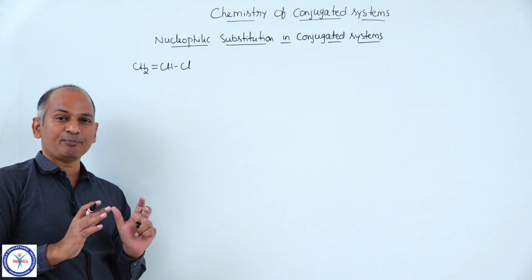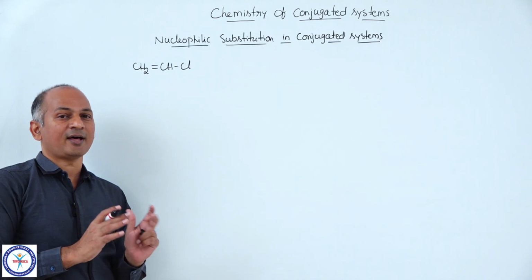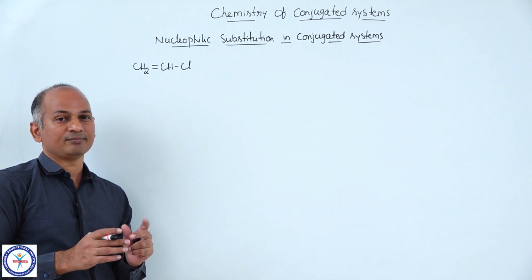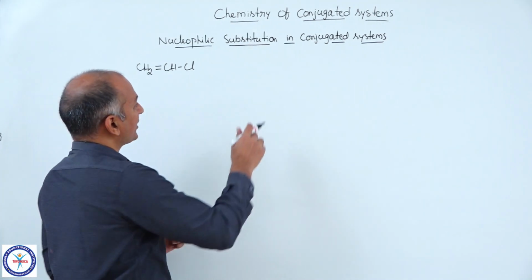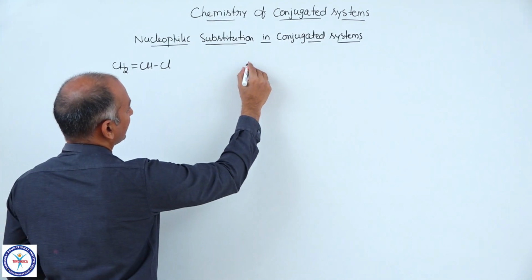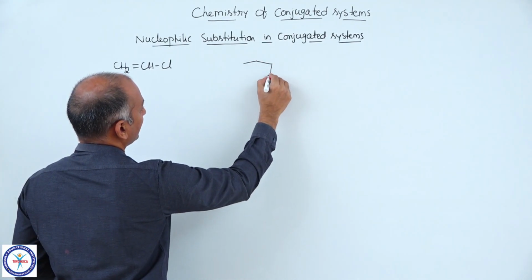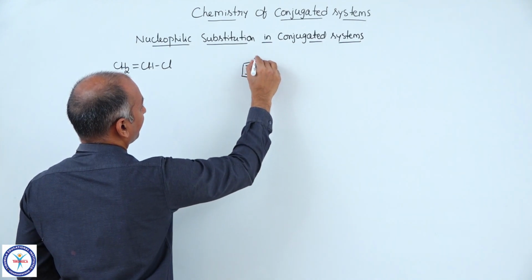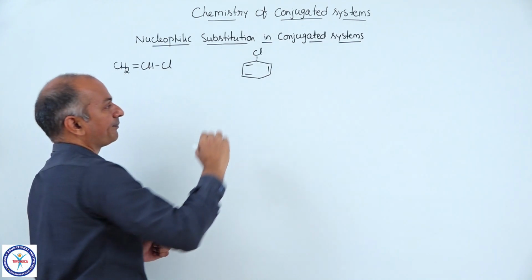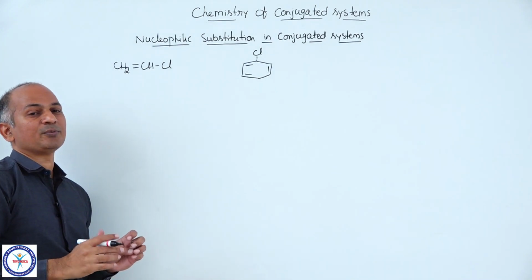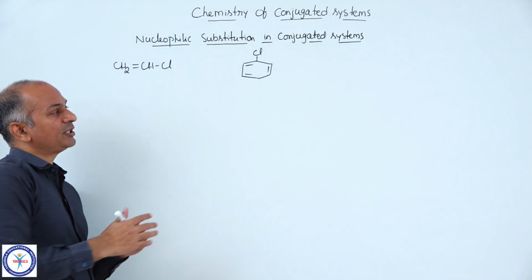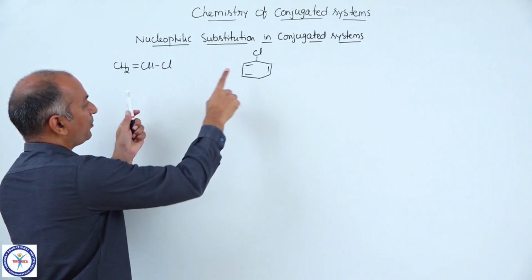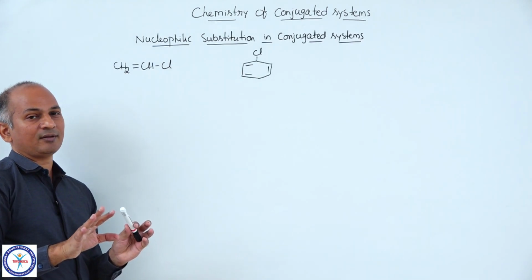That means, does this compound undergo SN1 or SN2? No. Now another such example is chlorobenzene. No SN1, no SN2. And actually the problems in these two compounds are so many.